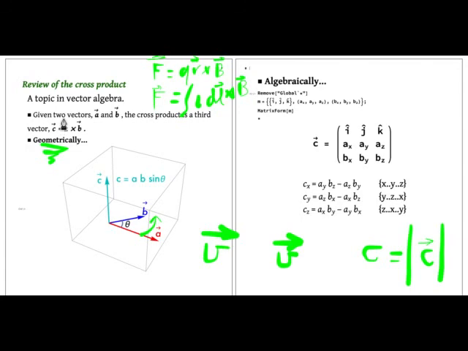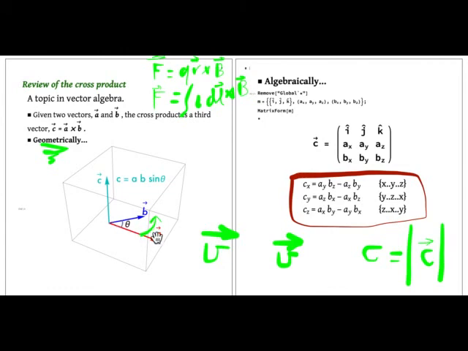But that's not really the normal way to calculate the cross product. To calculate a cross product, we need a kind of algebraic equation. And it's actually given by these three equations, where I'm using Cartesian components of the vectors A and B. So A points in some direction.